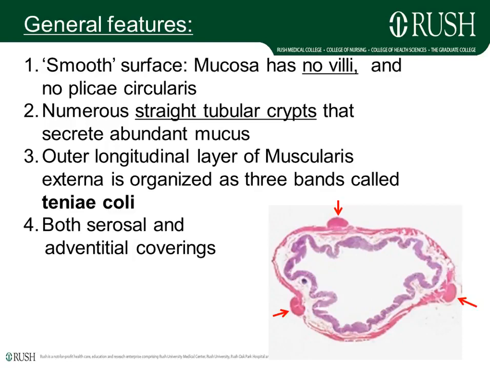And those are shown here in this small thumbnail that I've got by the red arrows. The colon, or the large intestine in various regions, which is mostly colon, has both serosal and adventitial coverings, depending on where you are.